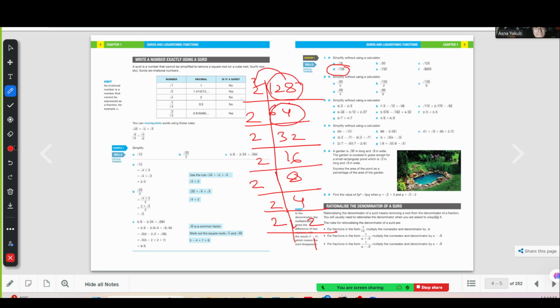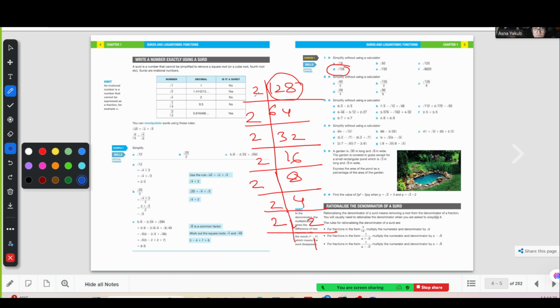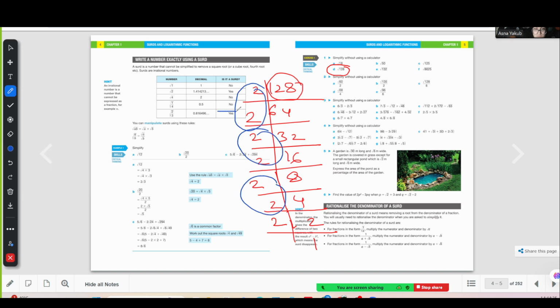Now we need to check how many pairs, because this is a square root, so we need to make groups of 2. Same numbers should be there in a group of 2. So here we have one group, two groups, and three groups. For each group of same number, we will write it one time.